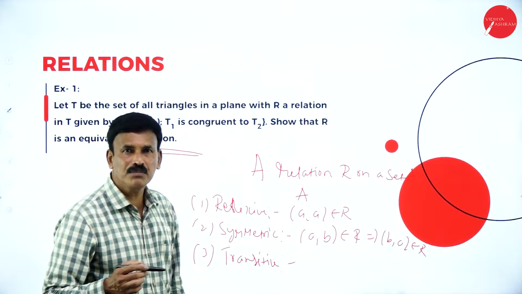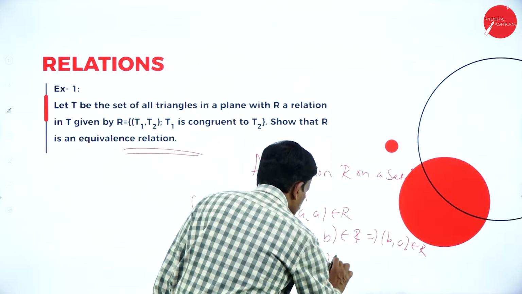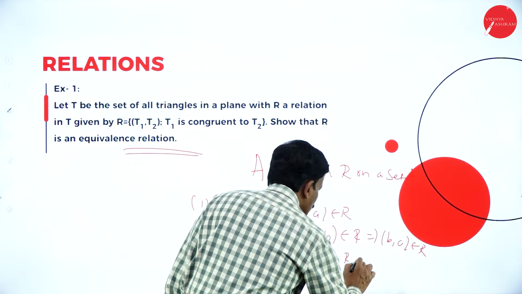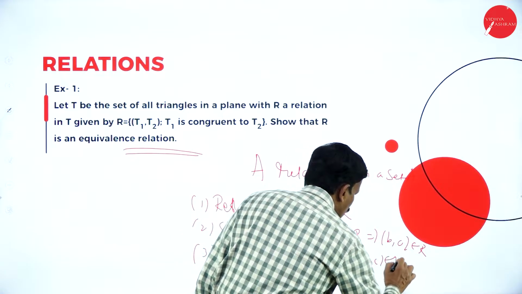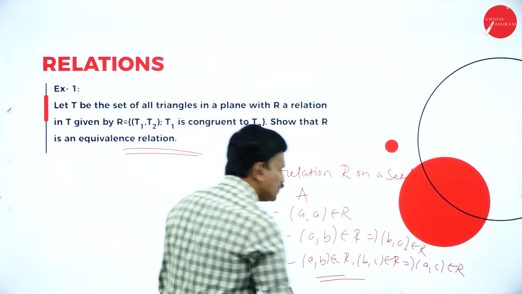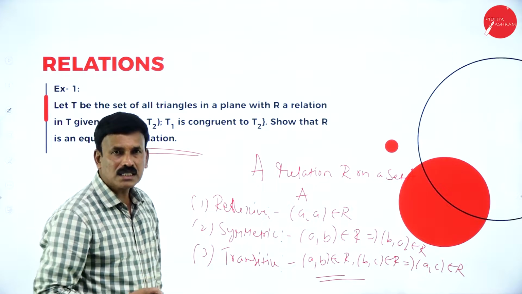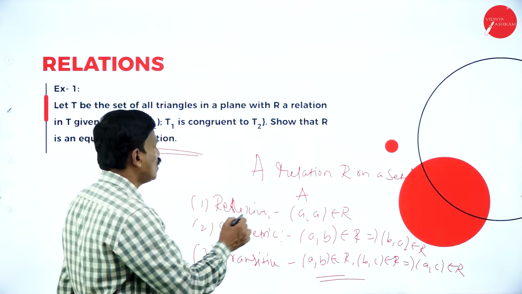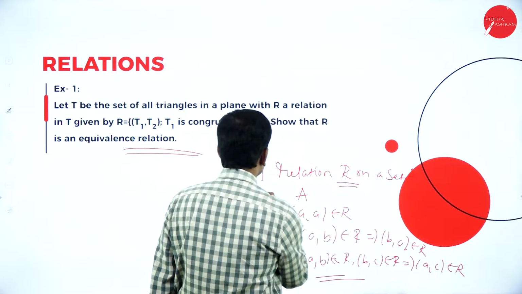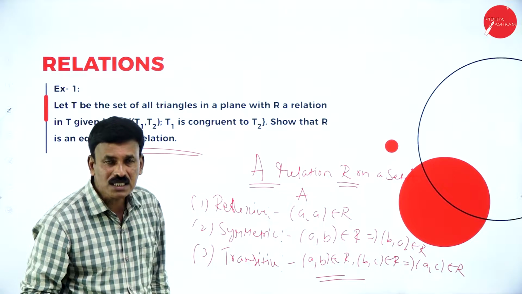For all a, b, c belonging to the set A, if (a, b) belongs to R and (b, c) belongs to R, implies (a, c) also belongs to R. If these three properties are satisfied, then such a relation R is called an equivalence relation on A.